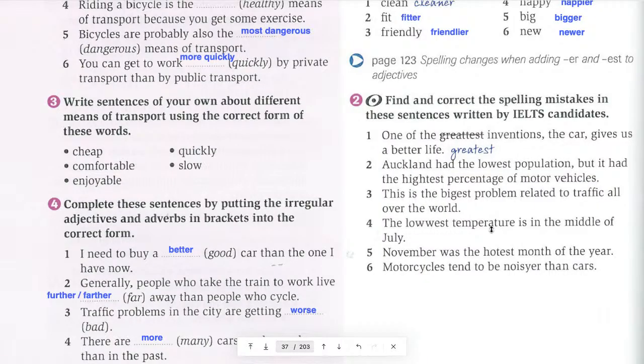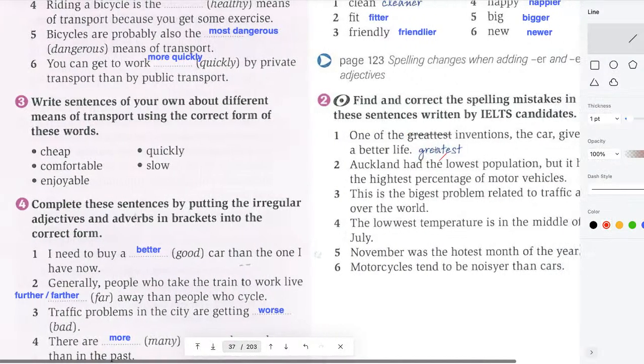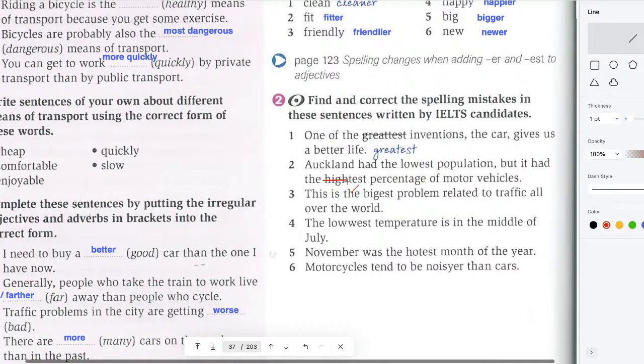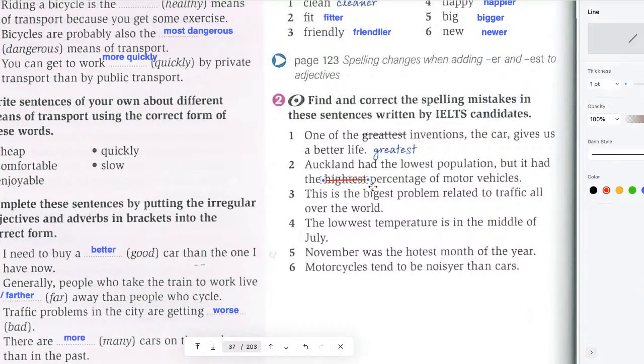Number 2. Sok, have you finished? Okay, tell me, what's wrong here? Nothing is wrong? Yeah, Hung, tell. Okay, what's wrong? Yes, the highest. Spelling mistake, right? So you can remove that one, remove T. So you can write highest again, yeah? The highest.